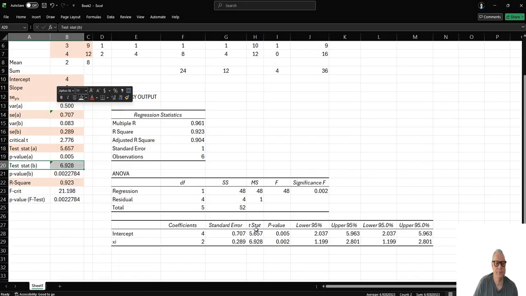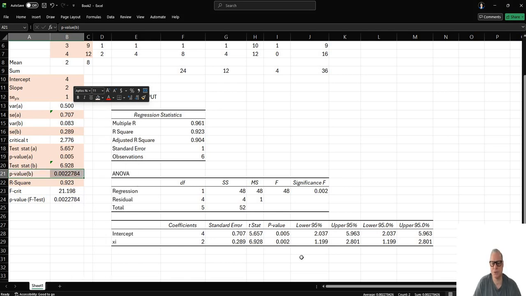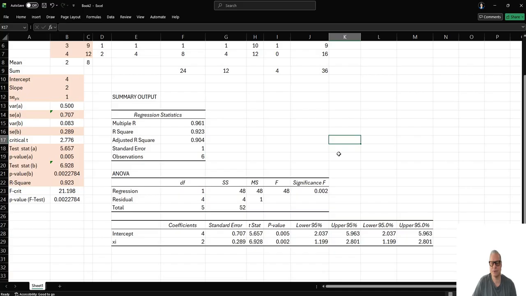So now you all should know where those numbers come from, how to calculate them, and also the p-values, the 0.05 and the p-value for B 0.002. And the F statistic. So you should have at this point a pretty good understanding of how to interpret the coefficients and the hypothesis test that you need to do in order to evaluate your model.